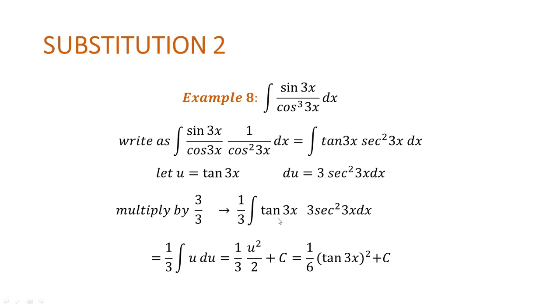This is your u raised to n being equal to 1, and this is the du of your u, which is tangent of 3x. The 2 and the 3 here in the denominator should be multiplied, so that should give you 1/6 of the quantity tangent 3x squared. Okay?